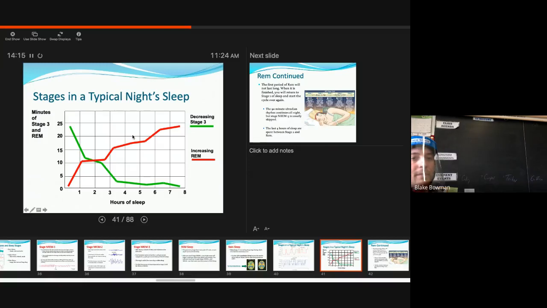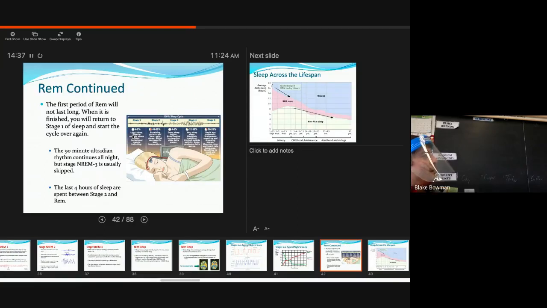So a typical night's sleep, as we're going through REM and stage 3. It shows a different chart of people of different ages going through those stages, and how they might reach REM sleep a little bit more as a younger adult or in adolescence. Building off that idea, when we go through these stages, it's intermittent. It happens constantly throughout our sleep.